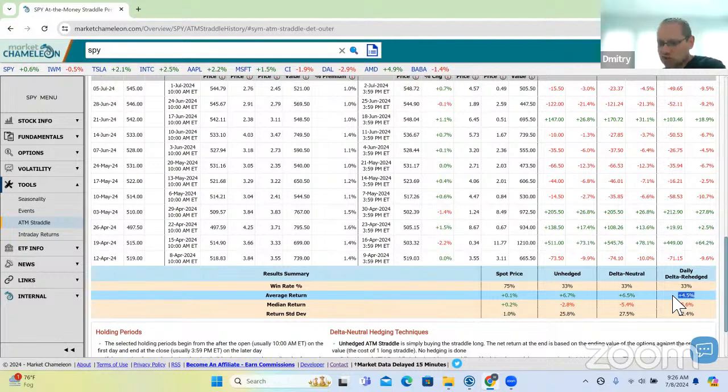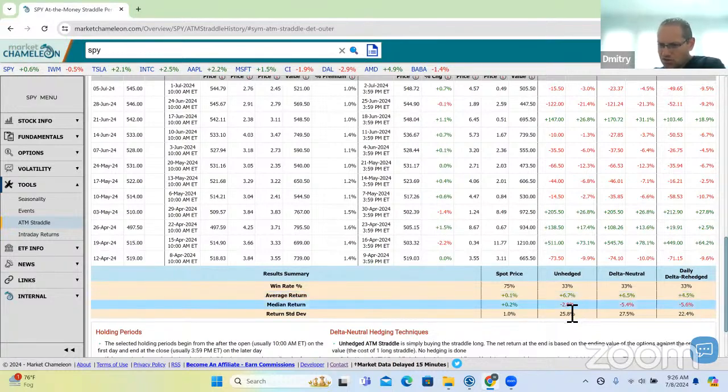So just letting that straddle go, not involving the stock, in the last 13 observations, that was the best performer. What about the median return? You can see your median return is down 2.8%. Here 5.4%, here down 5.6%.